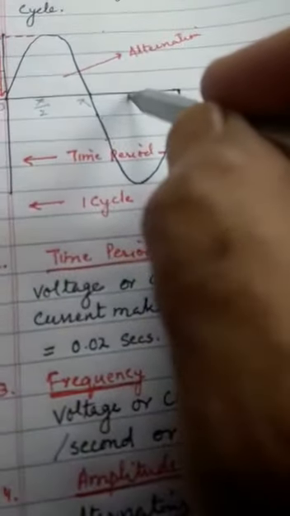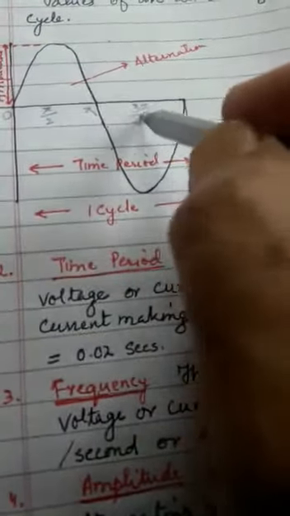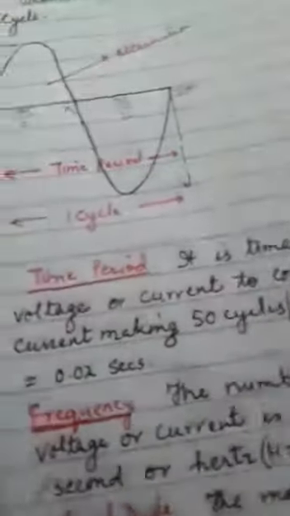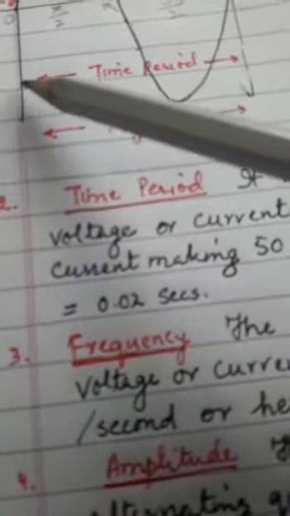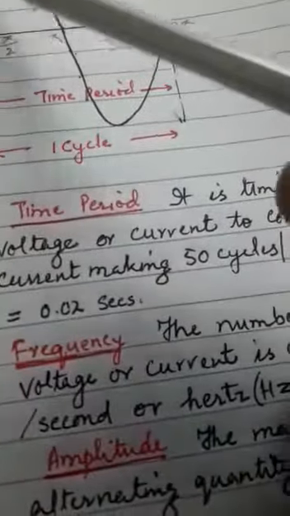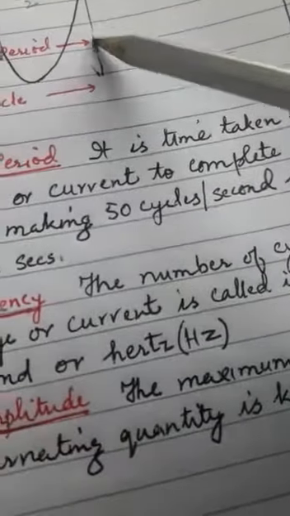This is 3 pi by 2, that is 270, and this is 2 pi, which is equal to 360. So the time period is measured from this end to this end, a complete pulse, to where it finishes.